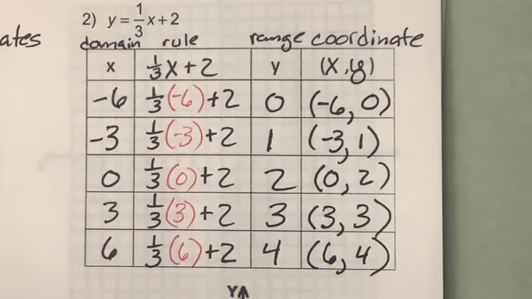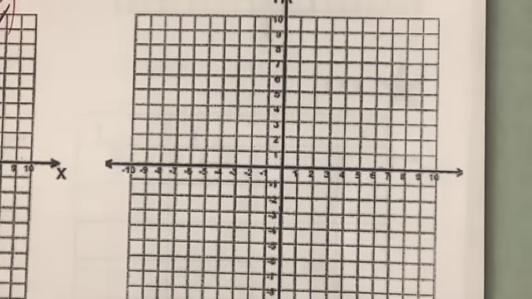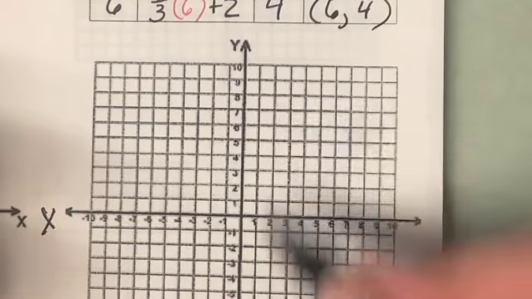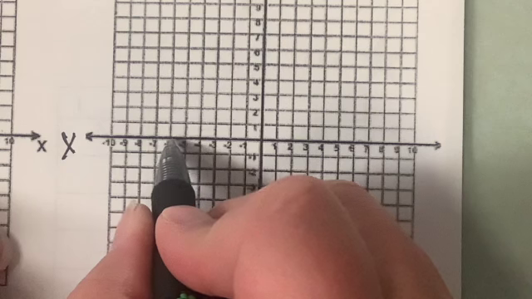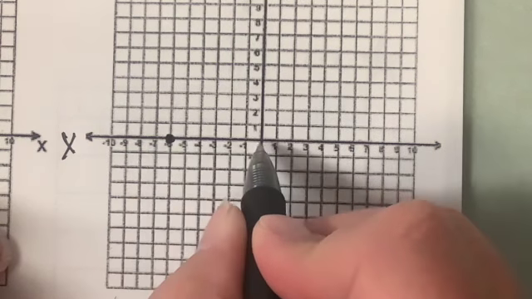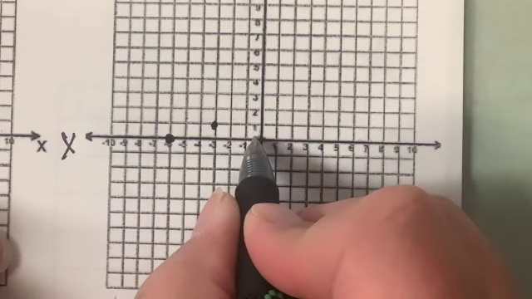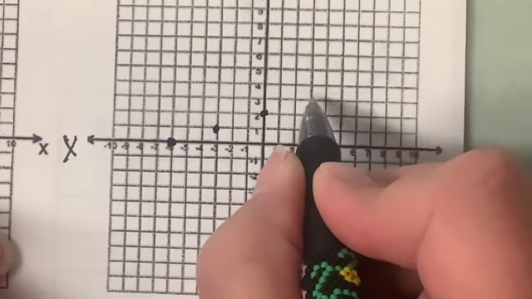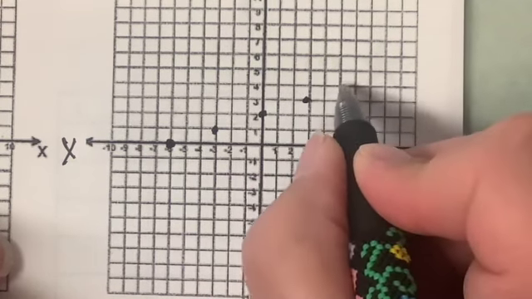So I come down here and I'm going to use those coordinates on this graph. Remember, x is going right and left, y is going up and down. So negative 6, 0, negative 3, 1, 0, 2, 3, 3, and 6, 4.